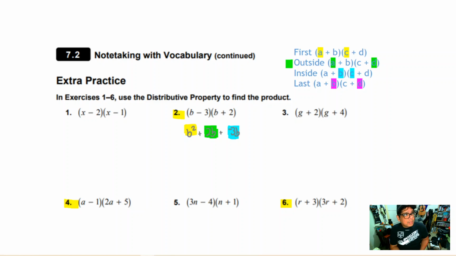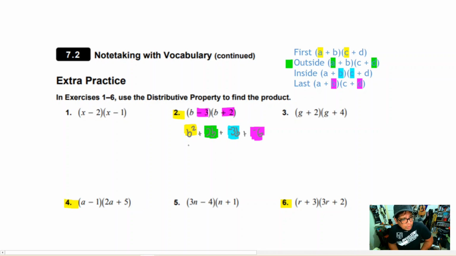So what is last here? It's going to be a minus 3 and a plus 2. How much is minus 3 times plus 2? Is that negative 6? My fact checkers say that that's negative 6. Okay, so negative 6.